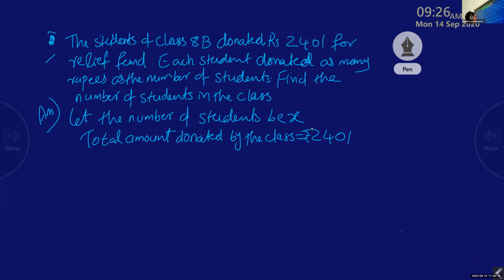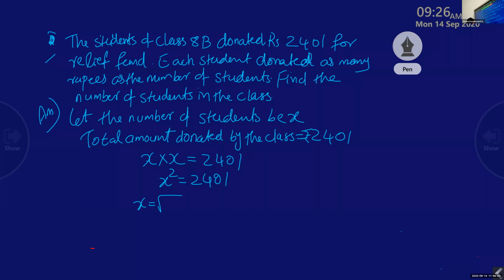So the number of students into the amount donated, both are x, that is x into x. If there are 36 students, each donates 36, so their product will give the total amount. Here x students donated x rupees. So x into x is 2401. So x square equals 2401.